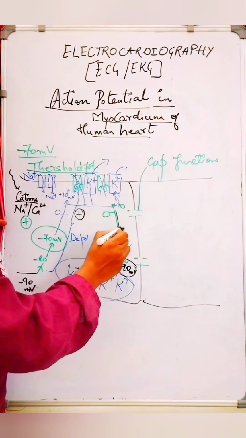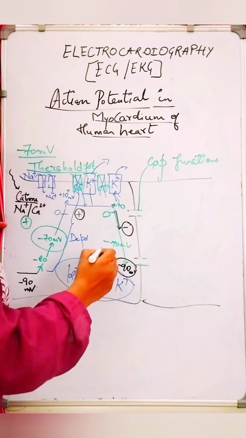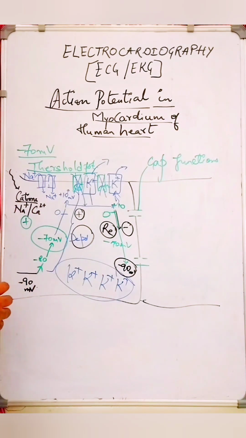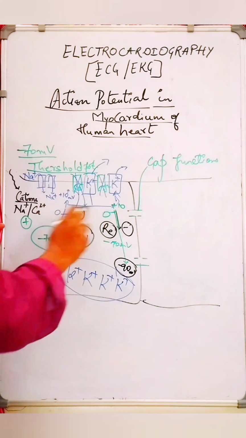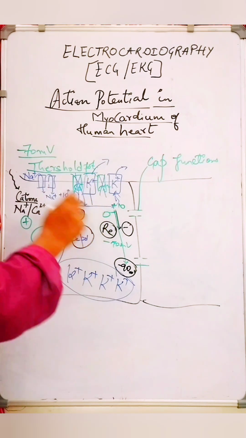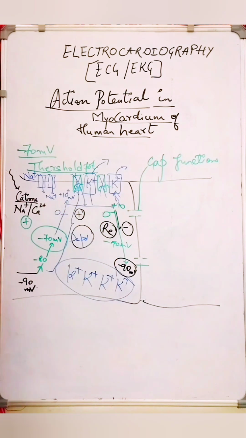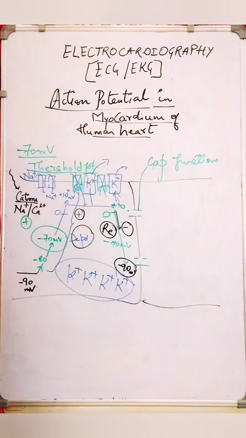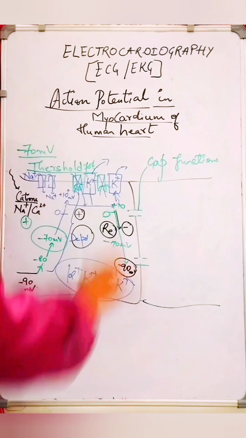This is towards negative, and it is called repolarization. Polarized state, depolarized state, stable state where net charge is nothing, repolarized state. So this becomes like this, and it goes on and on.